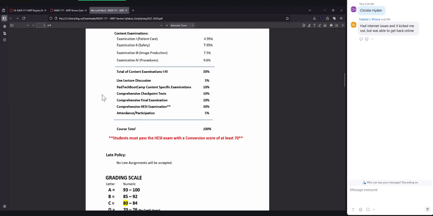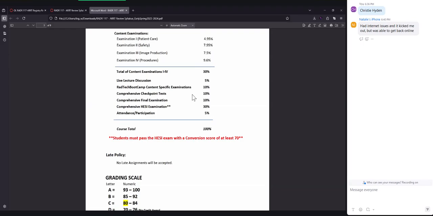Those are 10%. Then we have 4 comprehensive checkpoint tests. These tests are 200 questions in length. They cover everything, all sections. There's not one section that's going to be way more. So, like, the first one is in 2 weeks.